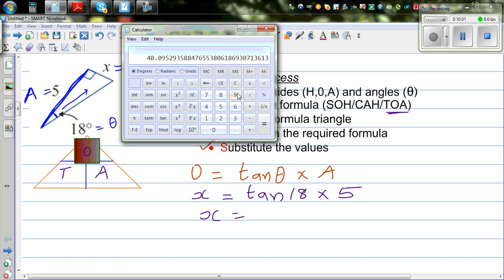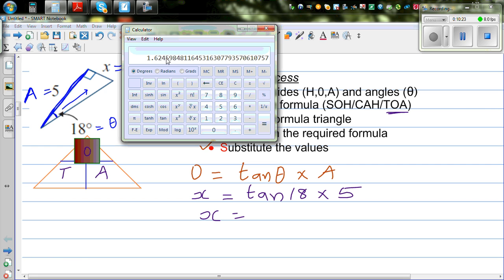So let me cancel this. So you can press tan 18. The D that you can see is for degrees. So tan 18, times 5, equals 1.624.